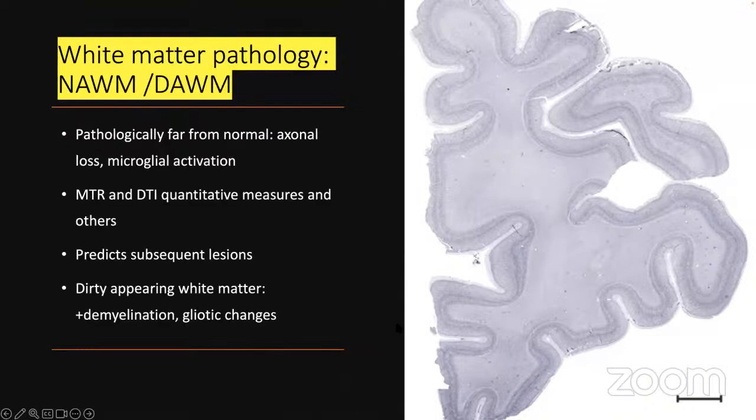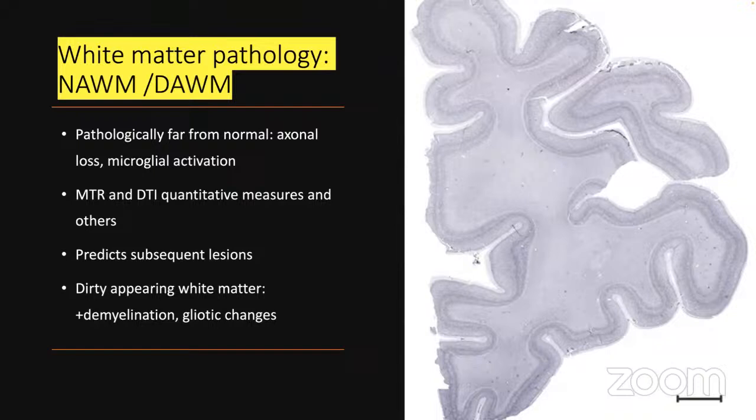What would we expect from the white matter damage? I will start with the diffuse pathology, because over time, particularly when the MRI criteria started to develop in the early 2000s, we tended to consider MS as just a disease of the focal lesions, which is essentially not true.